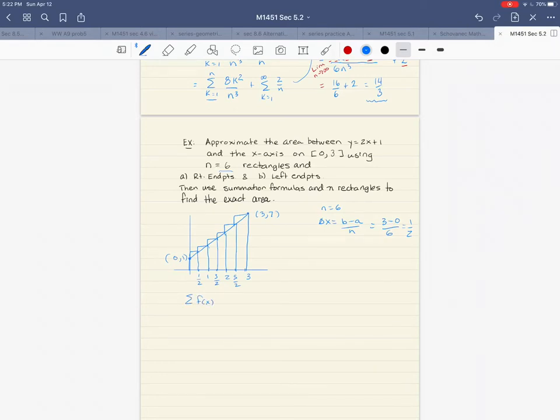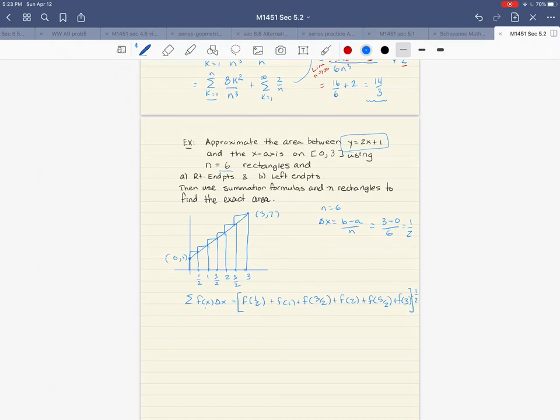So remember we're doing the sum of our f of x's times our delta x, base times height. The base is delta x, the height is f of x. So I'm going to do f of 1/2, let me factor the delta x like I did before, plus f of 1 plus f of 3 halves plus f of 2 plus f of 5 halves plus f of 3, and then all of that multiplied by 1/2.